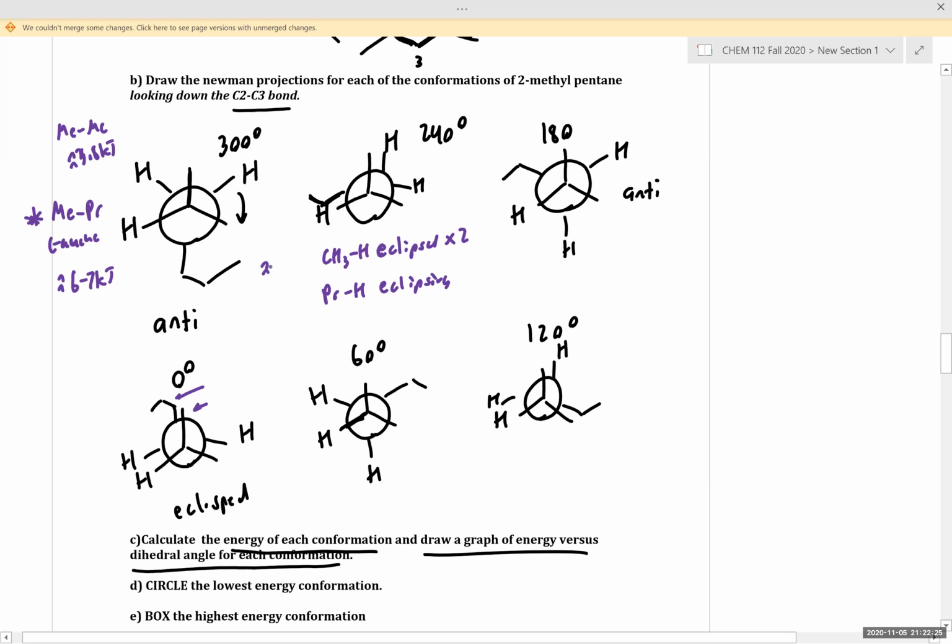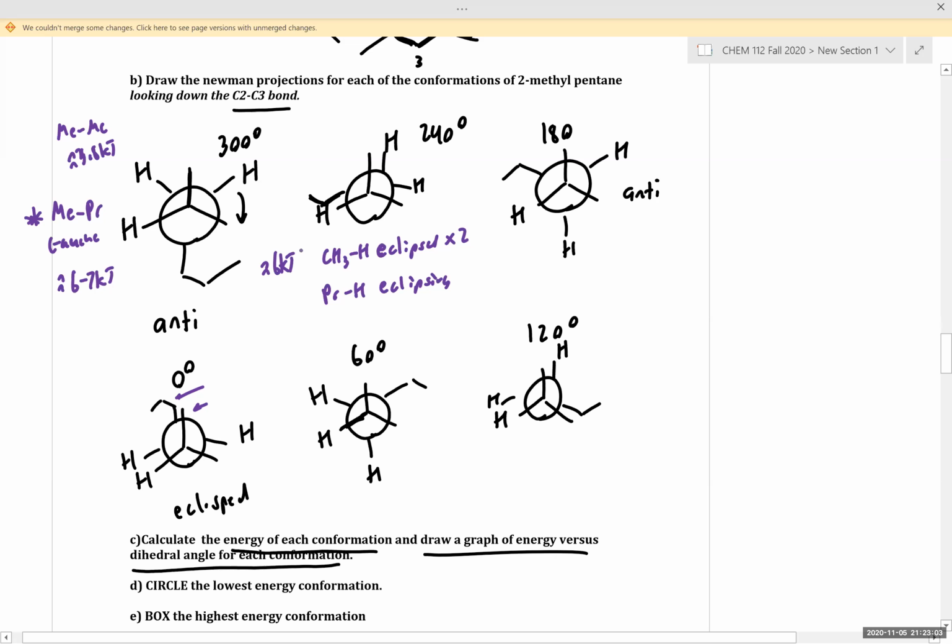What is the energy of a methyl hydrogen eclipsing interaction? So a methyl hydrogen eclipsing interaction is, yes, 6 kilojoules.